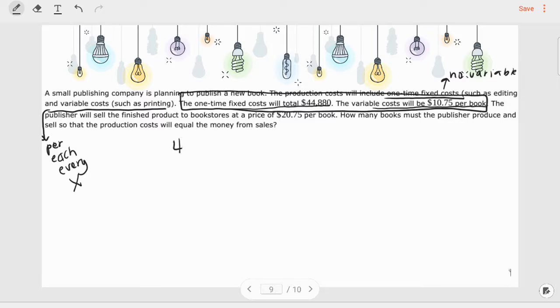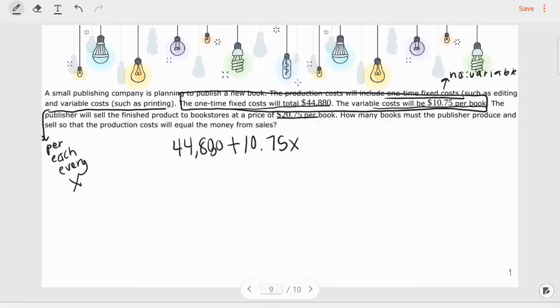So I have 44,880 is one-time cost, so no variable, plus my variable cost, which is $10.75 per book, so I'm going to put an x. And the publisher will sell the finished product to bookstores at a price of $20.75 per book.